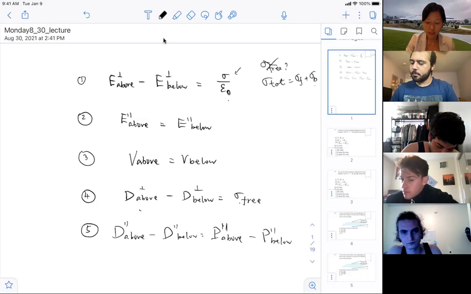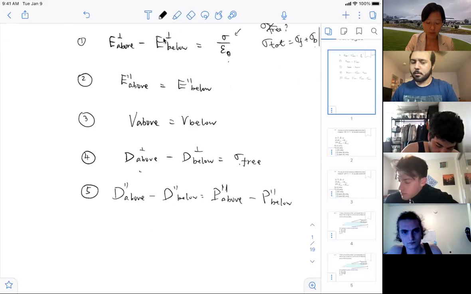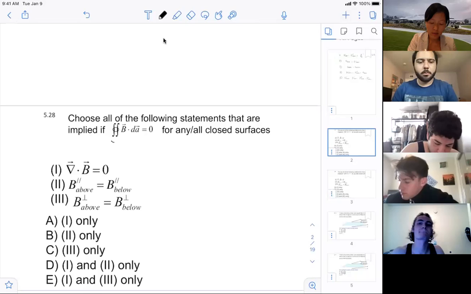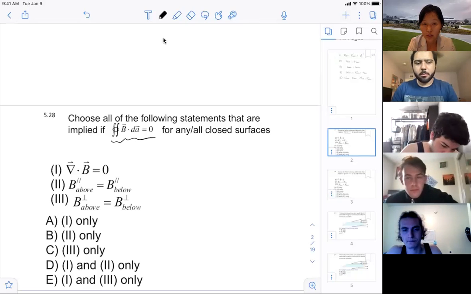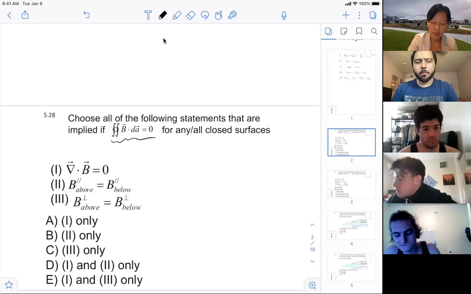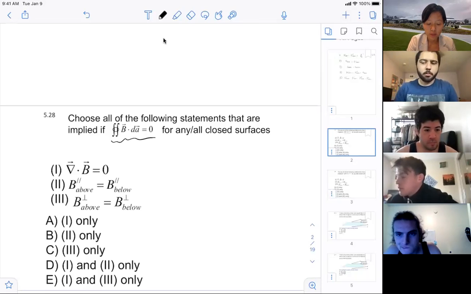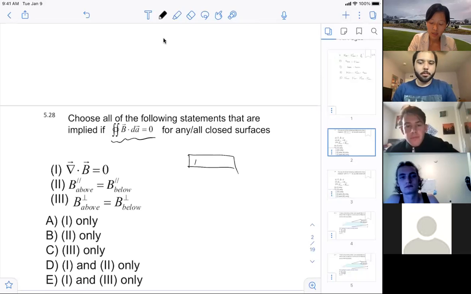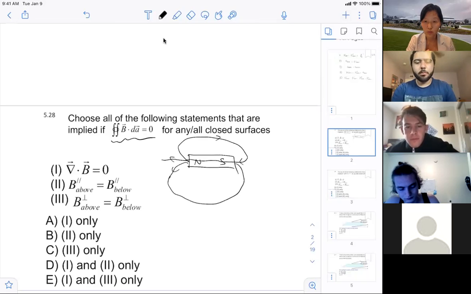Today, we will look at the boundary conditions for the B field. We will start out with a question. This is really one of the Maxwell equations: there are no magnetic monopoles, so the flux of B dot dA is 0. If you have a magnet with north and south poles, the magnetic field lines form closed loops.